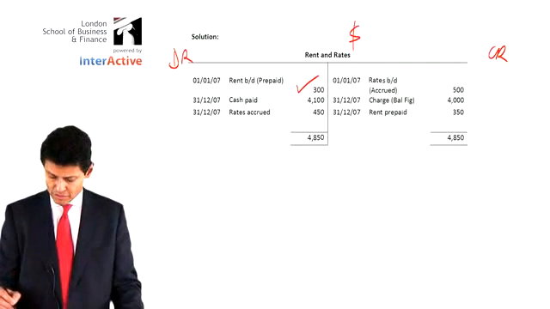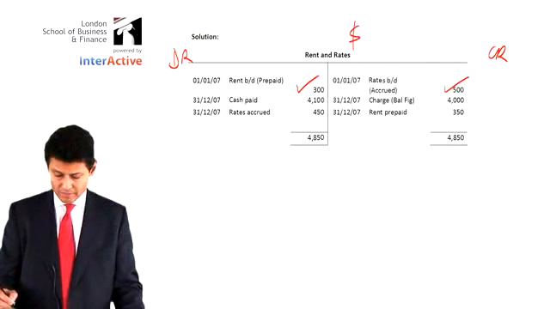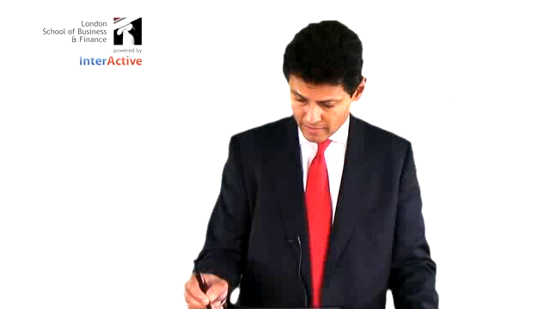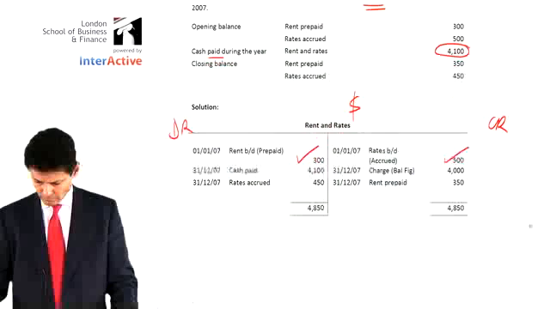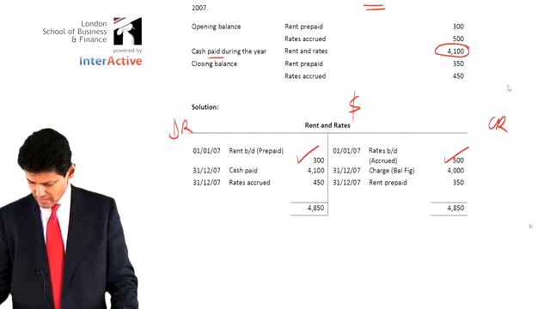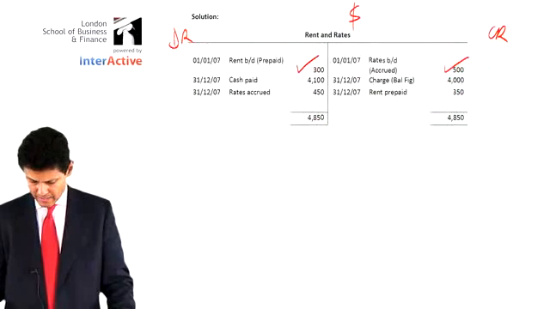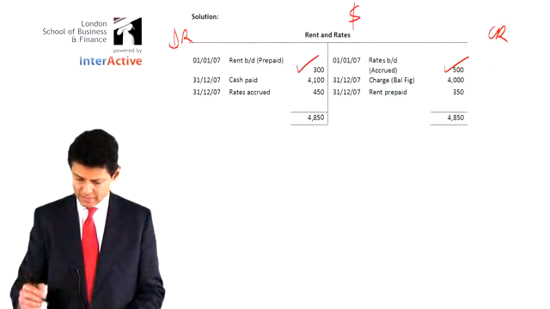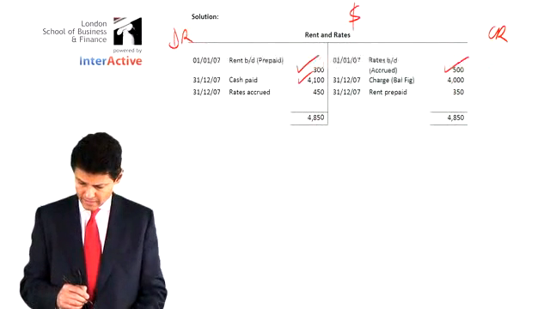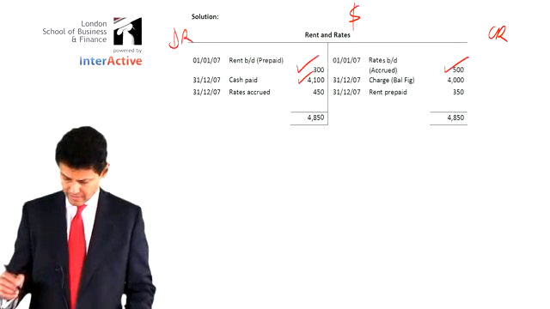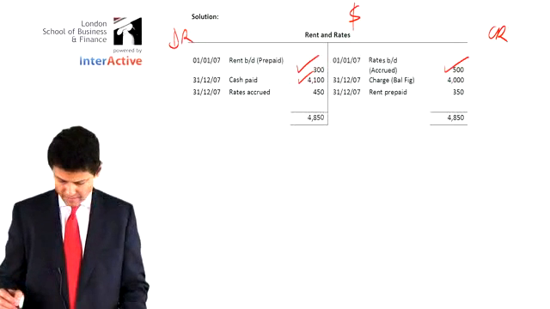Now, the rates accrued are said to be 500 as given in the question. Let's go back, have a look. 300 and 500 nicely in place. Then comes the 4,100, which is presumably a credit to bank and a debit to this, cash paid. The rent prepaid is 350.